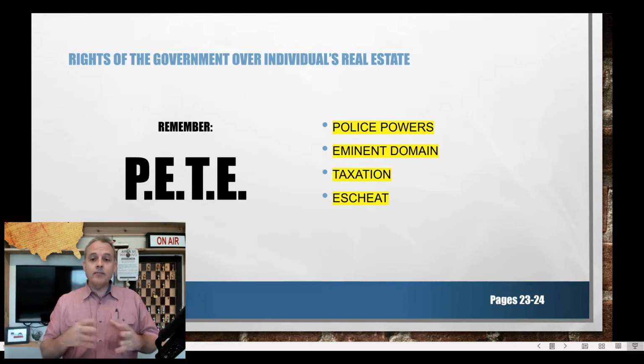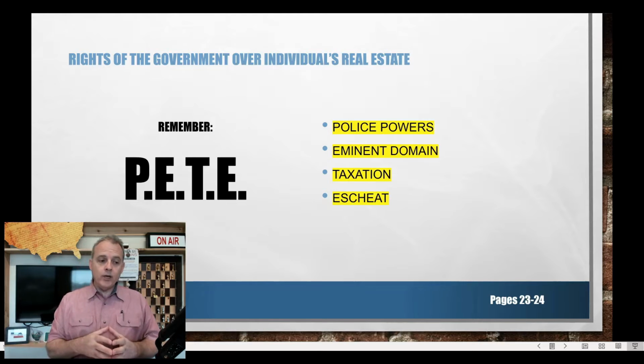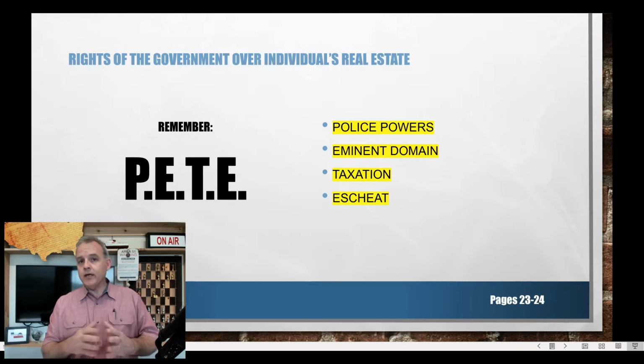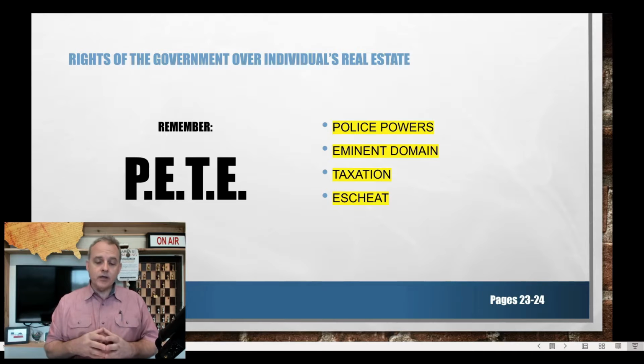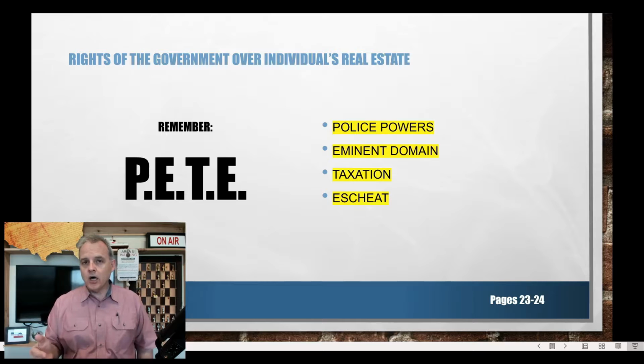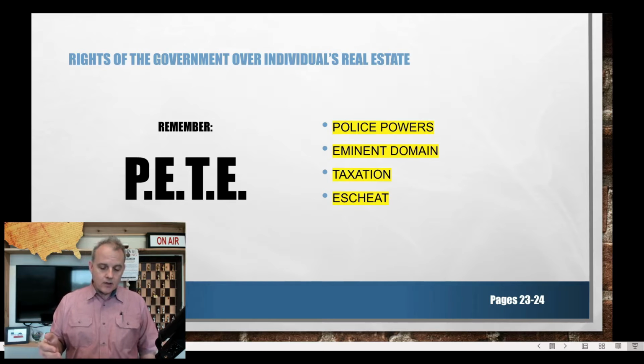Now all of a sudden they have the bundle of rights. There was a time in this country when if somebody was simply trespassing on your property, you could shoot and kill them and nothing could be done to you. Since 1776, obviously, the government has placed substantial regulations and restrictions on private ownership.